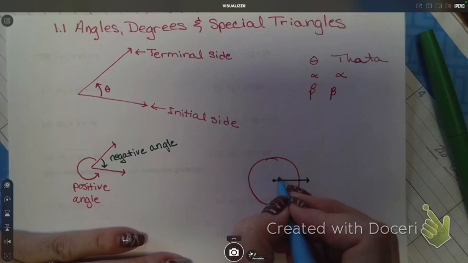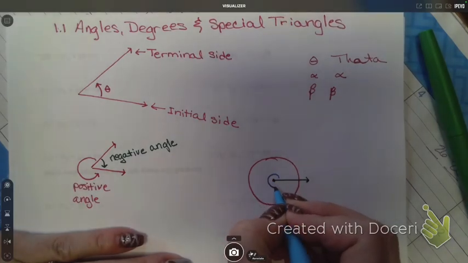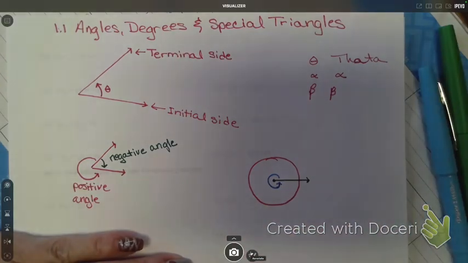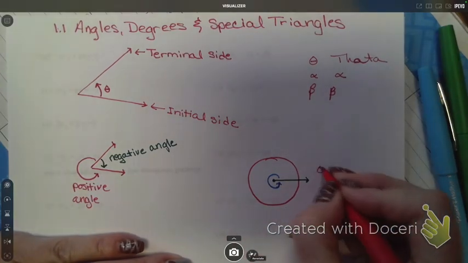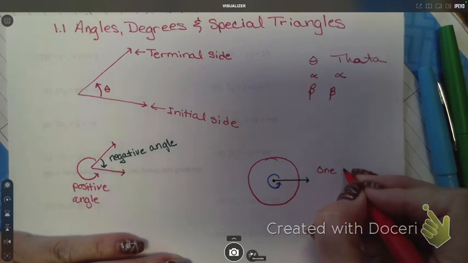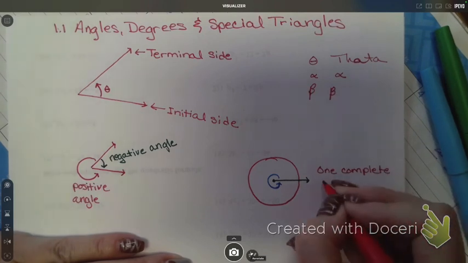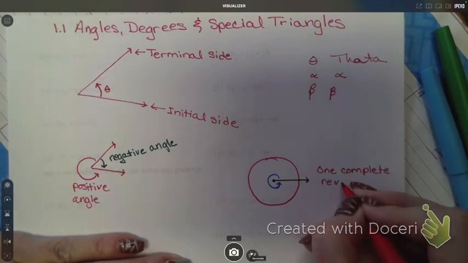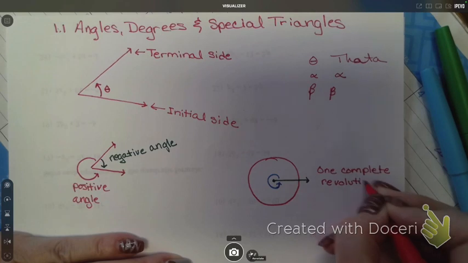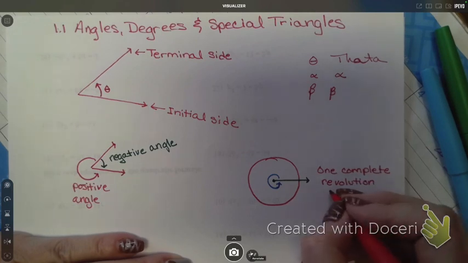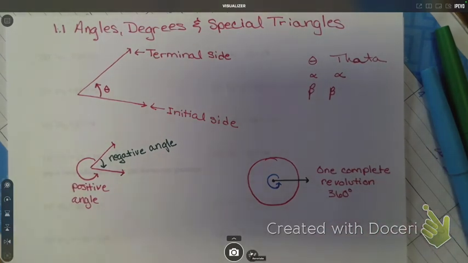And if we go all the way around, it's one complete revolution. Is how many degrees? 360. So 360 degrees is one complete revolution.